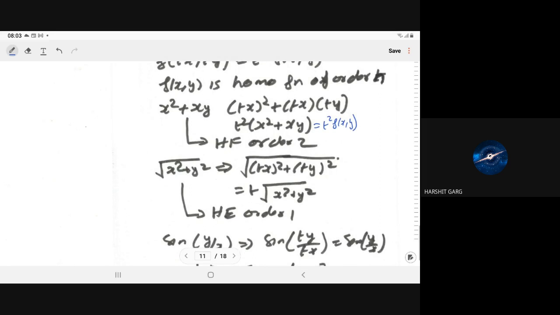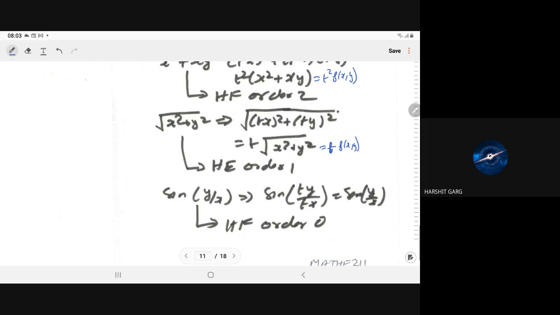Similarly, if you take the root of x squared plus y squared, in place of x you put tx and in place of y you put ty. It gives t times the root of x squared plus y squared, so it is t times f(x, y), a homogeneous function of order 1.